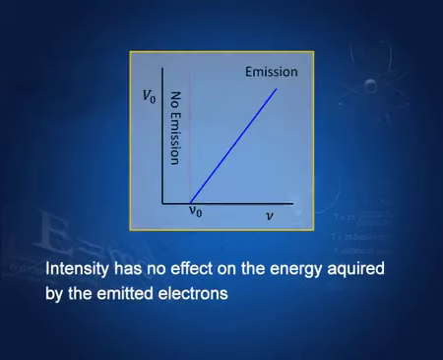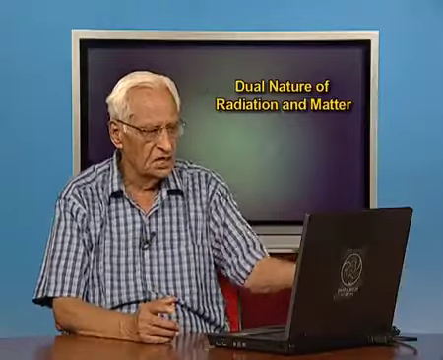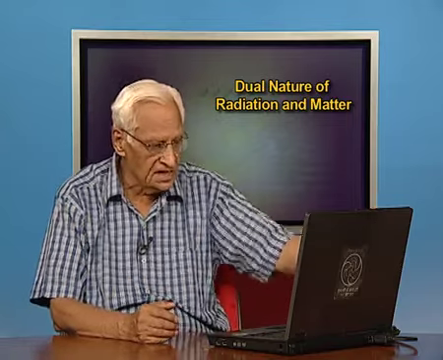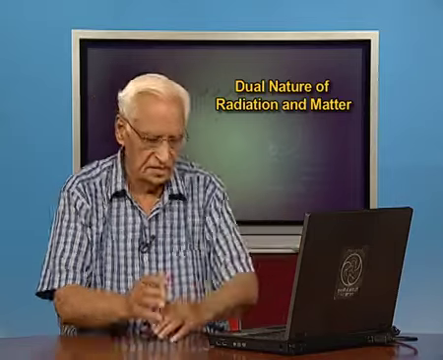As long as nu is greater than nu 0, photoelectrons are emitted. If nu is less than nu 0, the photoelectrons will not be emitted. The emission would be immediate, and the kinetic energy would be the difference between the photon energy and the work function. So, all these things were explained by just one hypothesis by Einstein.